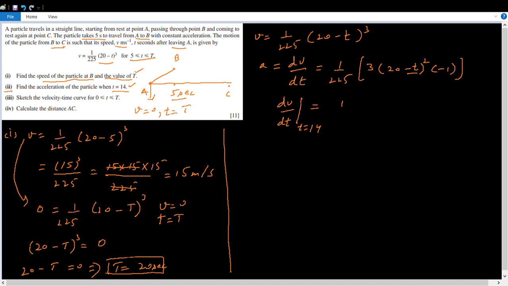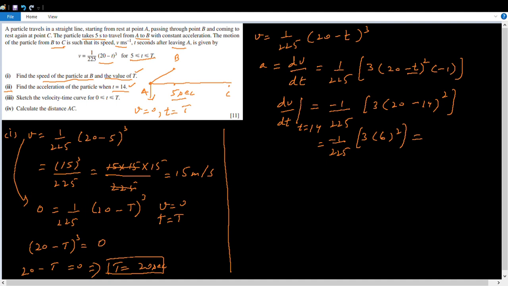So the minus we take out, minus 1 over 225, and this will be 3 into (20 minus 14) squared, and this will be further simplified to minus 1 over 225 times 3 into 6 squared. I solve it on calculator, just wait.